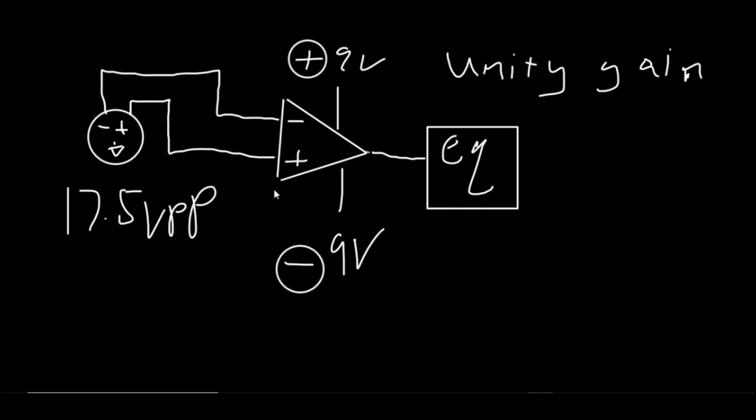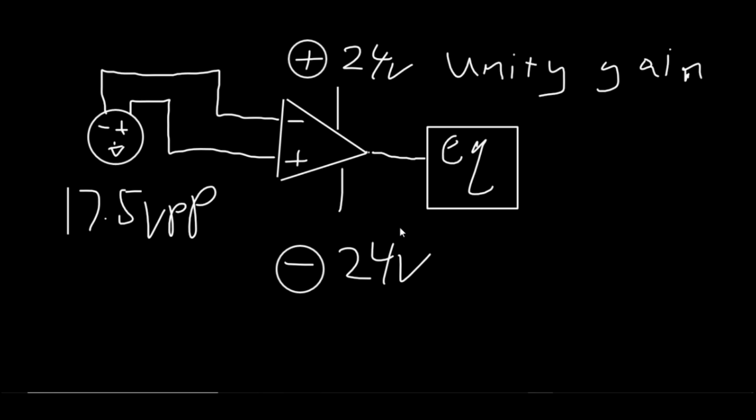But again, the trouble is that 9 volts only gives me so much headroom. Now again, I could put this up and say, okay, let's use a plus 24 volt and a minus 24 volt, and that would increase my headroom, and I probably could get away with that.